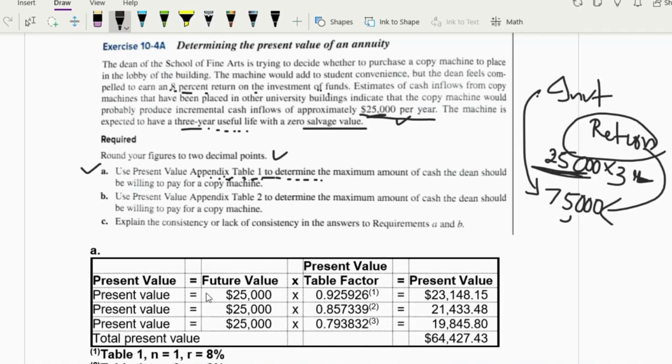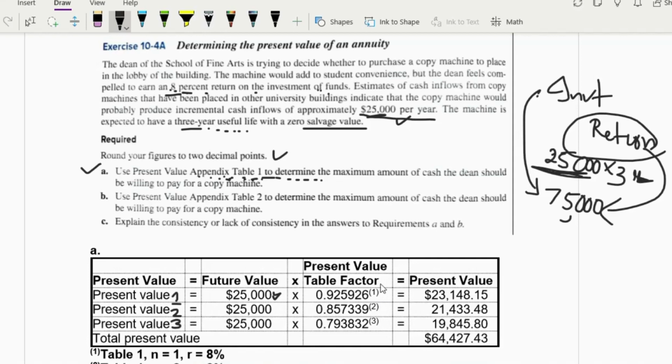So first year I'll be collecting $25,000. The rate of return they gave us is 8%. So I will go to the present value table. I showed you 2 times. Present value tables, 8% is the rate, and for 1 year, because 25,000 is for year 1, this is for year 2, this is after year 3.